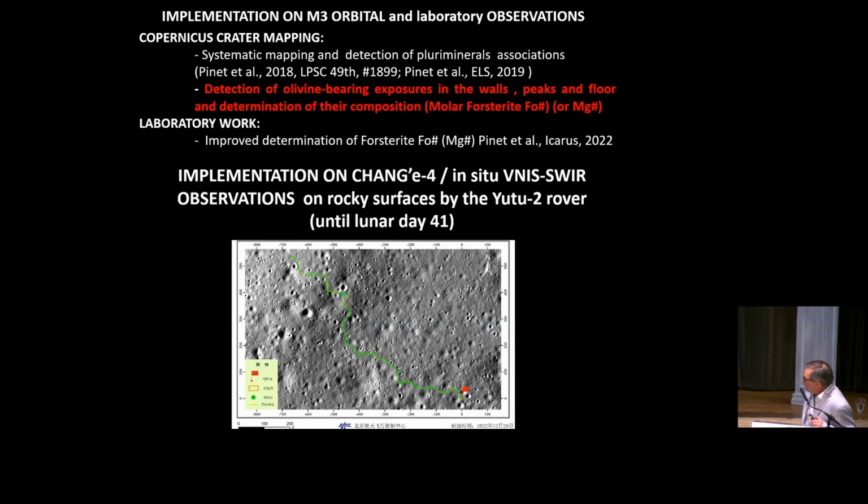And so today, the idea is to apply this approach to these Chang'e-4 in situ spectra acquired in South Pole-Aitken along the traverse. The traverse has now been running for 5 years, that is to say more than 60 lunar days. And here the data I'm going to show you are focused on the first 41 lunar days.